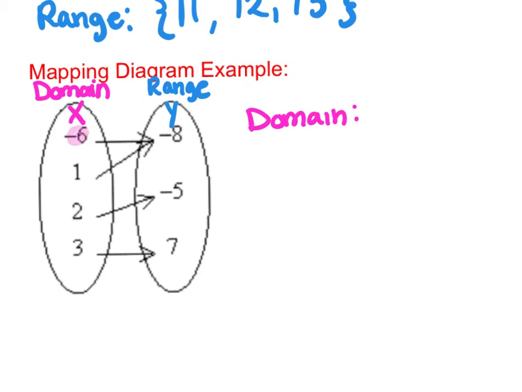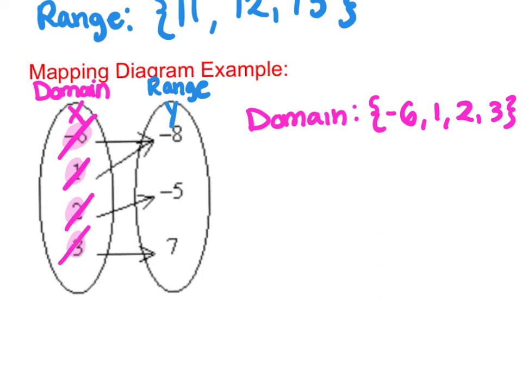Now, the nice thing about a mapping diagram is, for the most part, you shouldn't ever have numbers listed twice because then we would just have 2 arrows. The other thing is they usually are written in order. So if I'm going to list them, the smallest of the x values is -6. Then the next smallest is 1. Then I have a 2. And then my last number is 3.